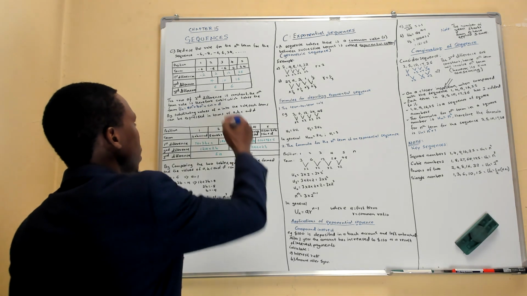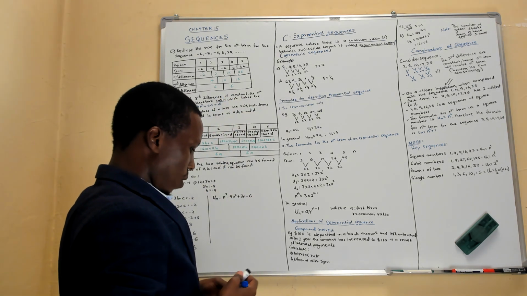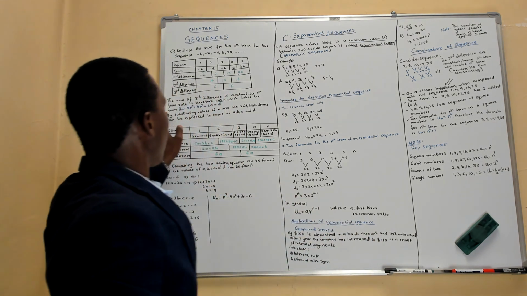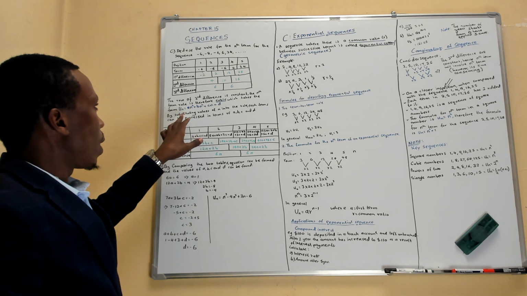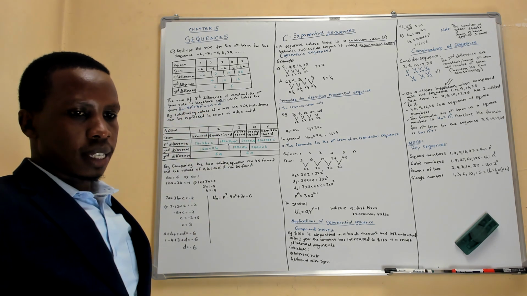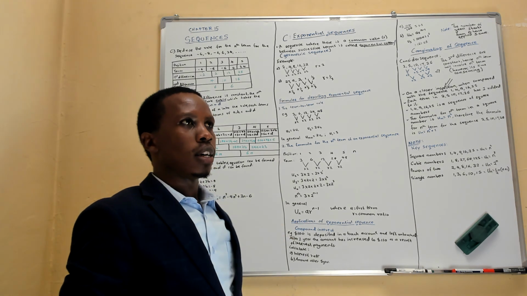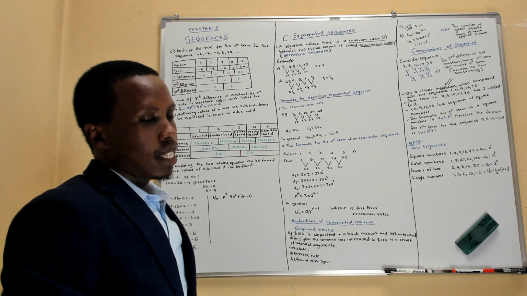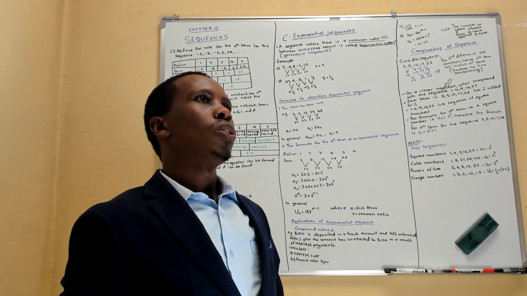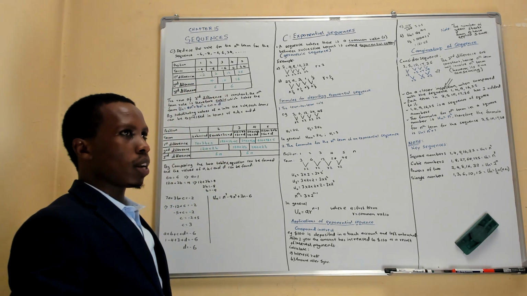That's when we now talk about cubic. The cubic is given in the form of un equals an cubed plus bn squared plus cn, but now we are adding another term, which is the constant d. Again, this is the same as the cubic equations which we did before.